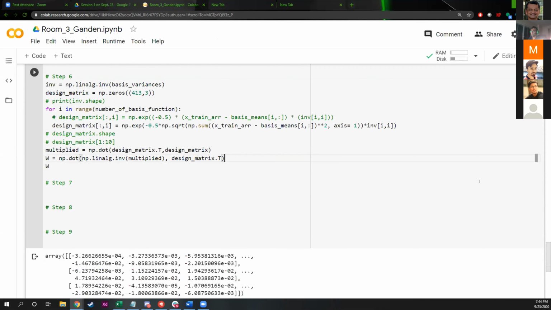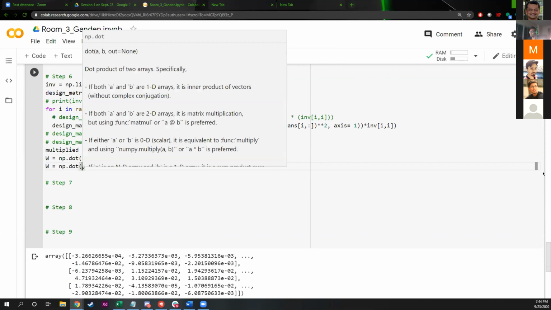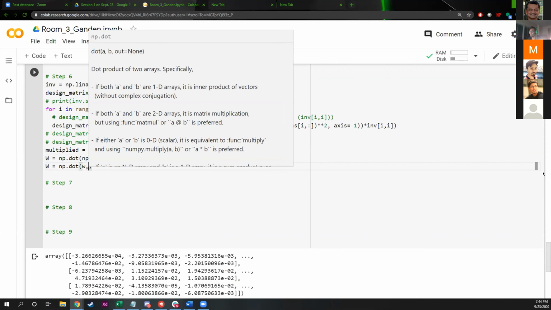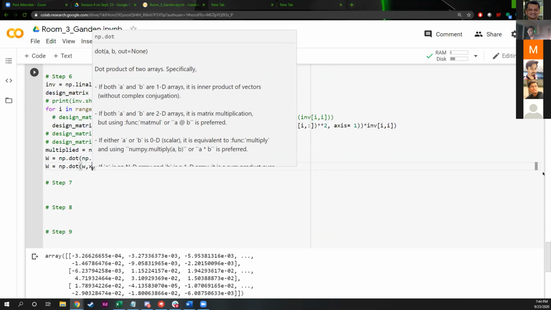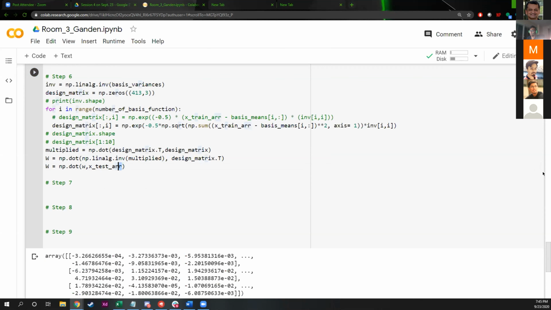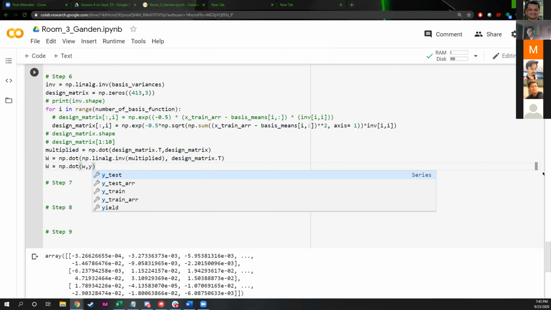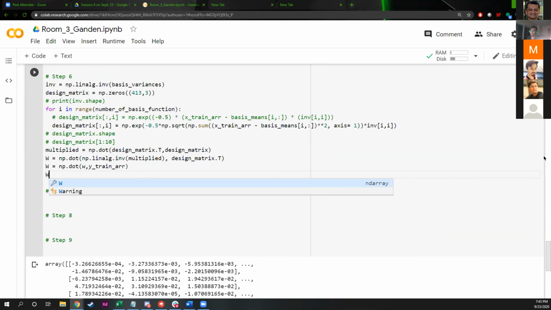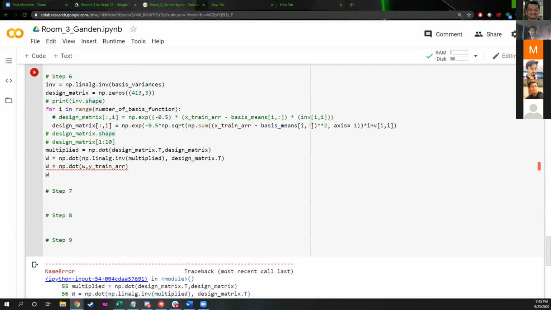There we go. Sweet. Okay, and now we're going to multiply it by, we're just going to do np dot dot for w, and multiply it by the y label, y underscore train dot array, and that's going to give us again a w. We have to name it W capital.